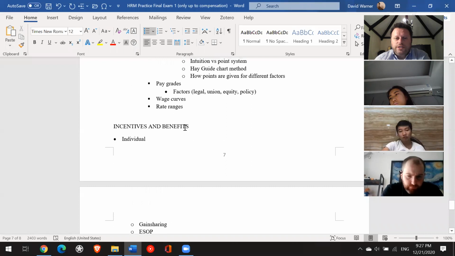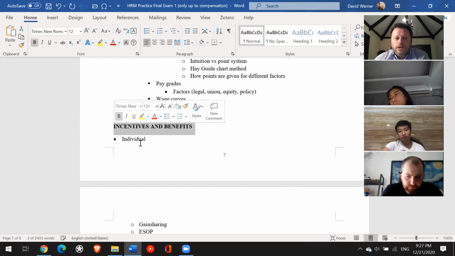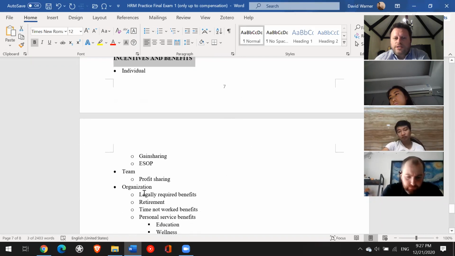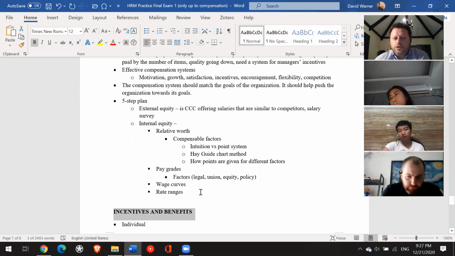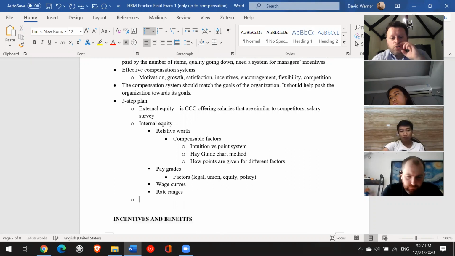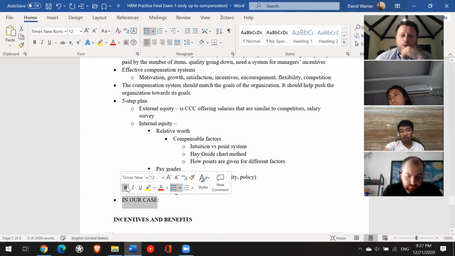So I'd probably put incentives and benefits into the individual, team, and organization category. But again, just like for the compensation, you're going to have to make sure you remember to discuss in our case. For every single question, you need to discuss in our case.